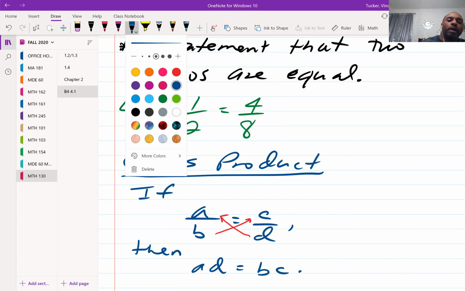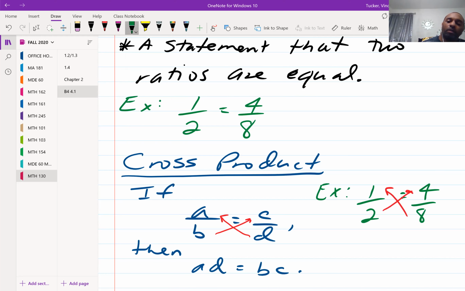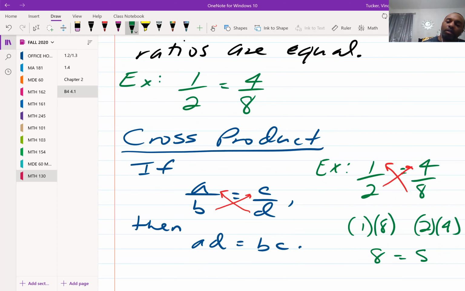So if I go back to that example of 1 over 2 equal to 4 over 8 and do the cross product, I have 1 times 8 on the left, 2 times 4 on the right. 8 is equal to 8, and that means I do have a proportion.